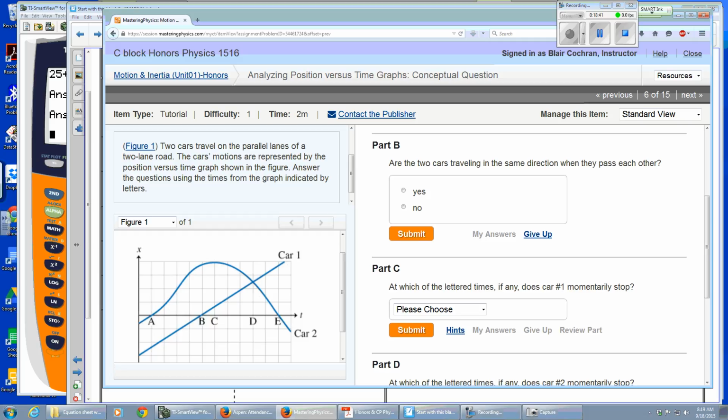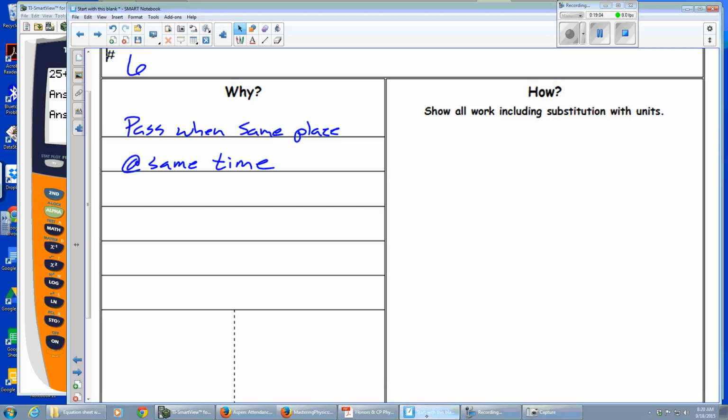And then 2 cars traveling in the same direction. Are the 2 cars traveling in the same direction when they pass each other? I hear a lot of no's. Why do you say no? One has a negative slope, and the other one has a positive slope. So the why part of that would be that the slope is the velocity.